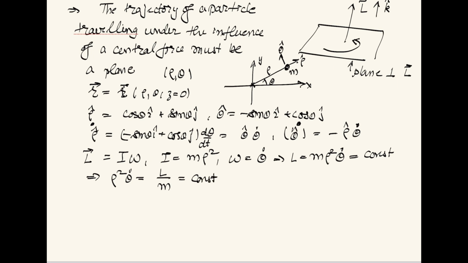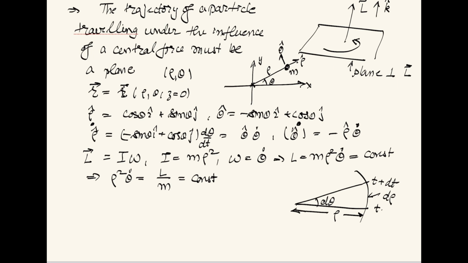Now rho squared theta dot has a very interesting interpretation. We can see what happens. Supposing here is my trajectory, and here is the position of the particle at time t, and here is the position of the particle at time t plus dt, and let us say this is d rho, and this angle is d theta, and this distance is rho.